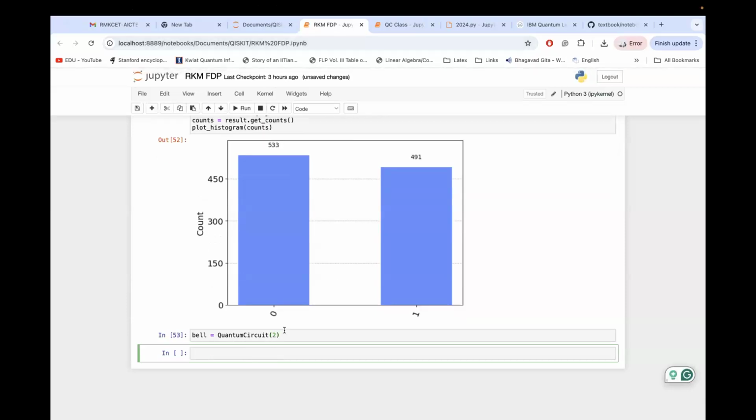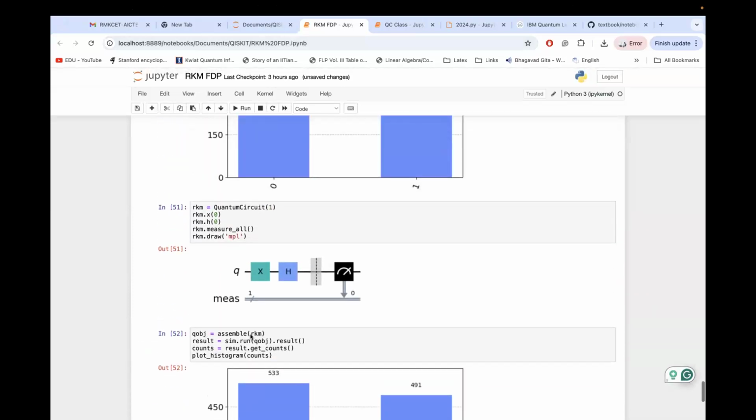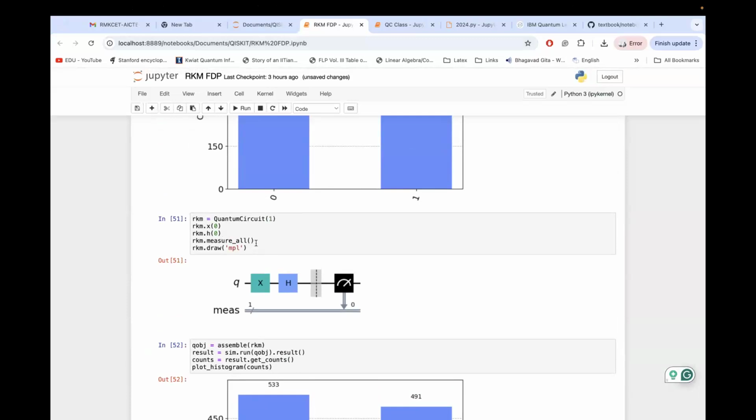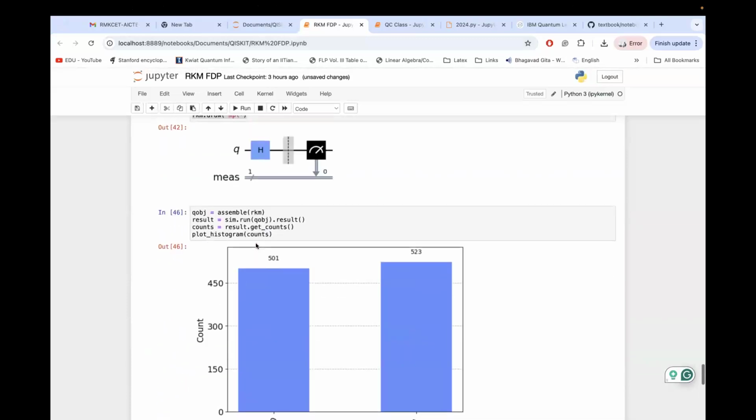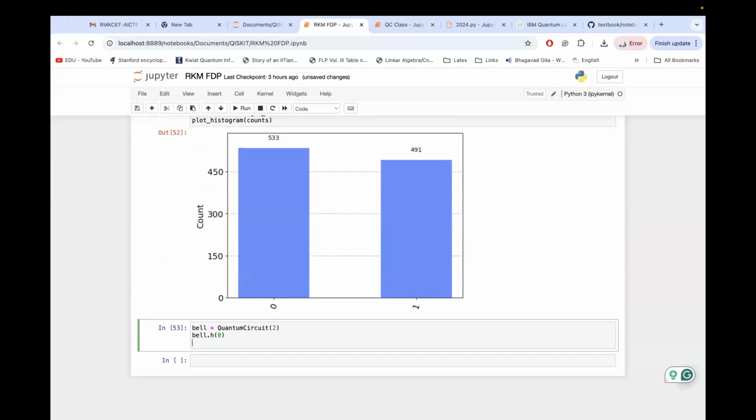And what are the catches there? For creating this Bell state, we have to use something called Bell dot H of 0. That is, I'm going to apply Hadamard operator to the first qubit, and then Bell dot Cx on 0, 1.